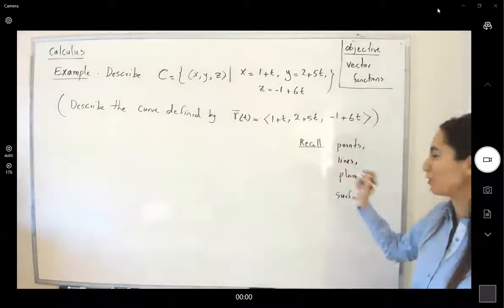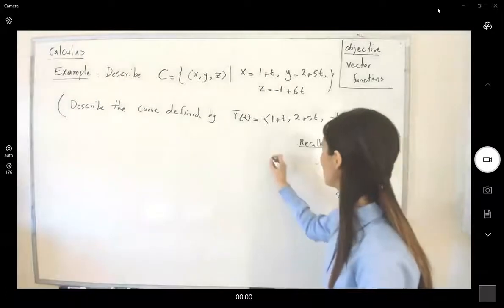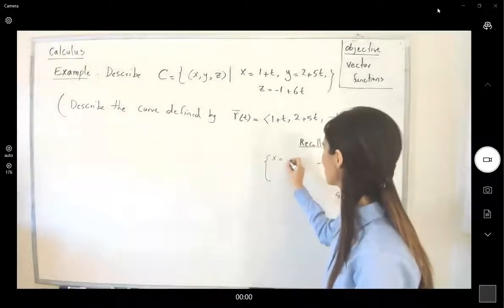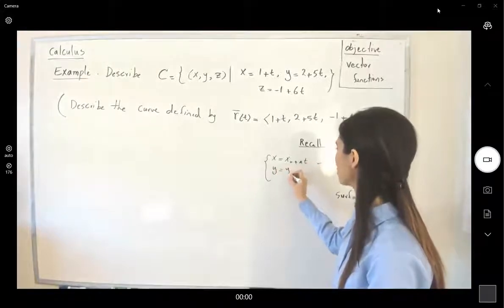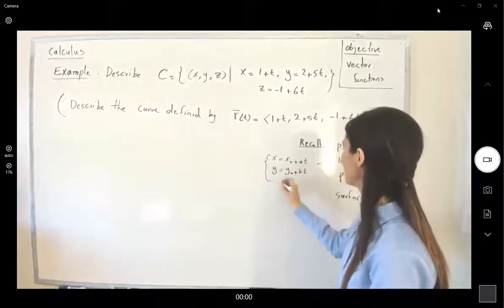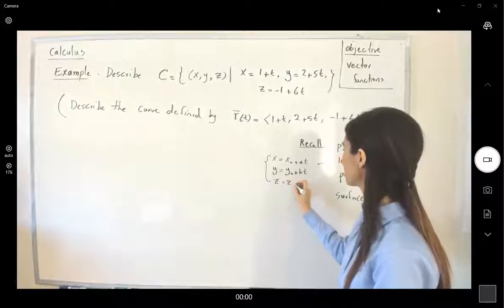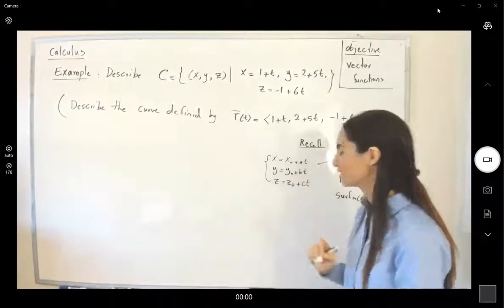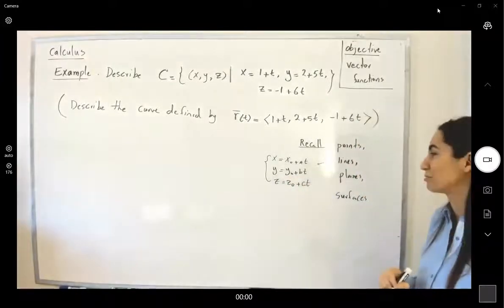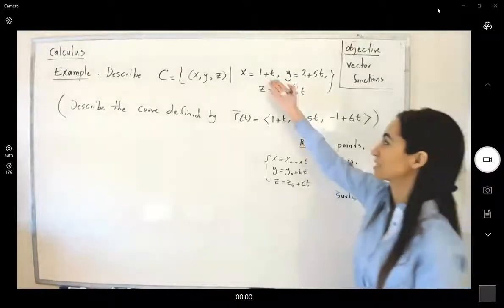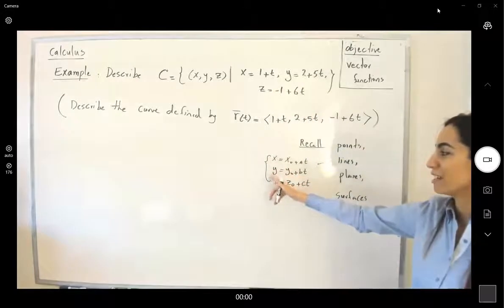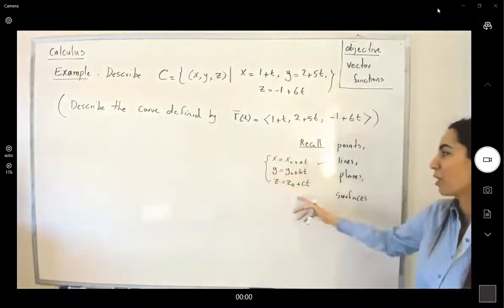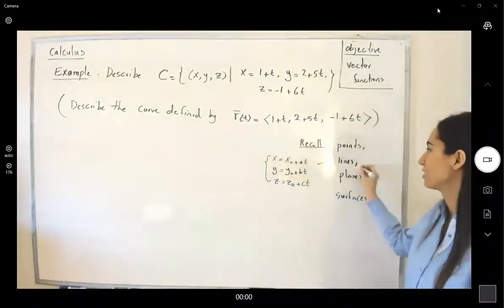The parametric equation of a line is defined this way: x equals x sub 0 plus at, y equals y sub 0 plus bt, and z equals z sub 0 plus ct. Well, as you can see, x, y, and z are very similar to the parametric equation of a line.